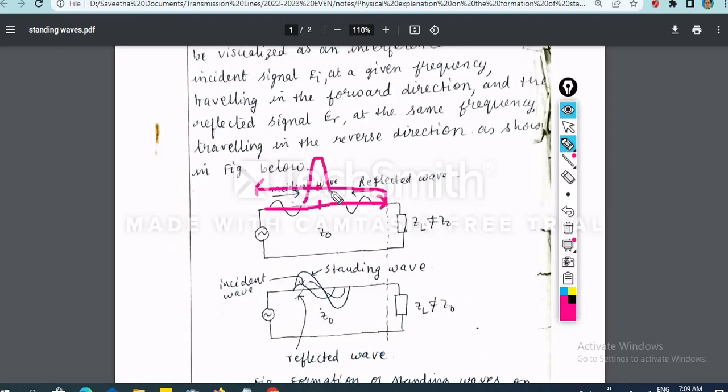Whereas at other places on the transmission line where the incident wave and the reflected wave are out of phase, there the resultant amplitude will decrease. So like this you will get increasing and decreasing values of amplitudes of the waves. So this gives rise to standing waves.